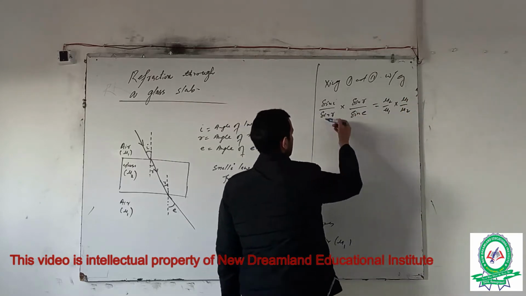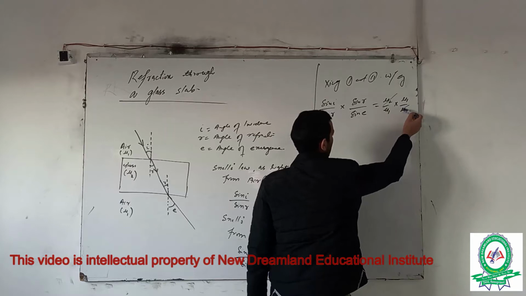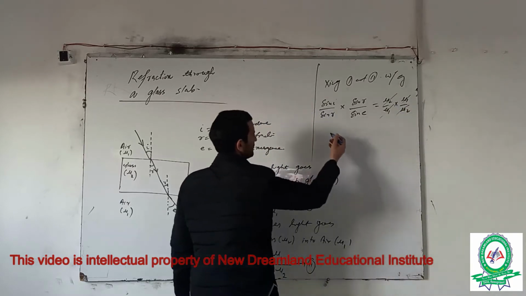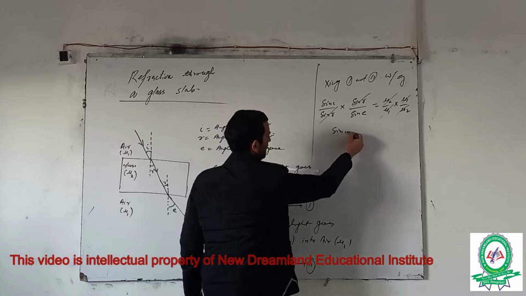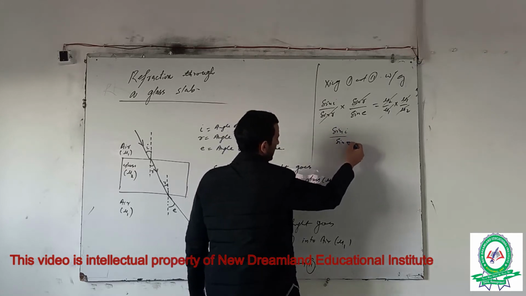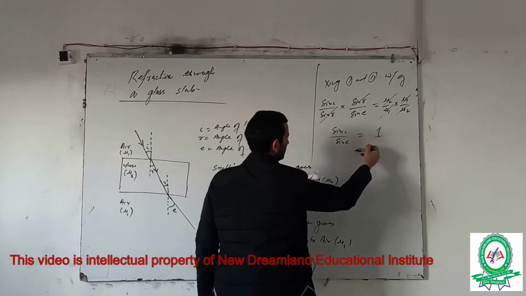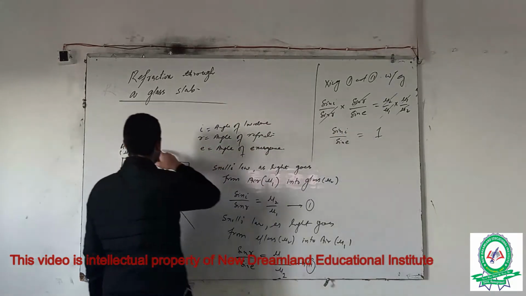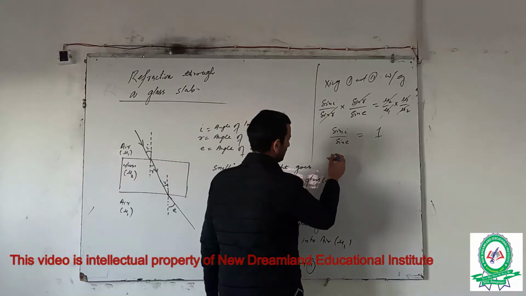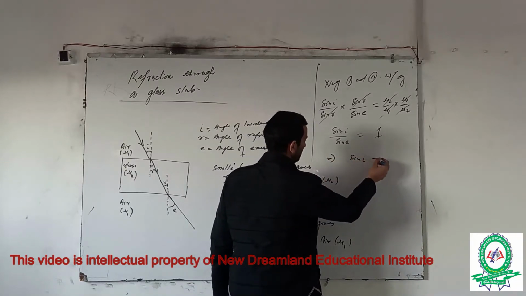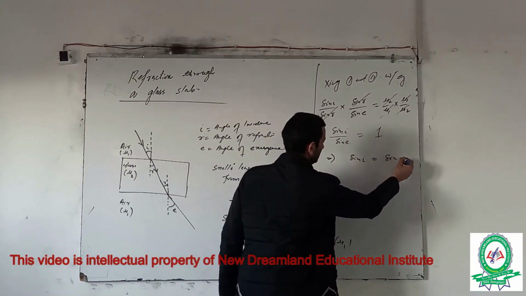Now mu2 cancels, mu1 cancels, and sine of R and sine of R cancels, so we have sine I divided by sine E equal to 1, that is sine of angle of incidence divided by the sine of angle of emergence is equal to 1, or we can write sine I equal to sine E.